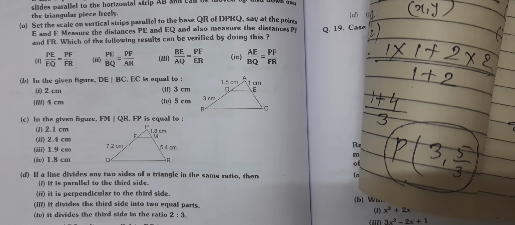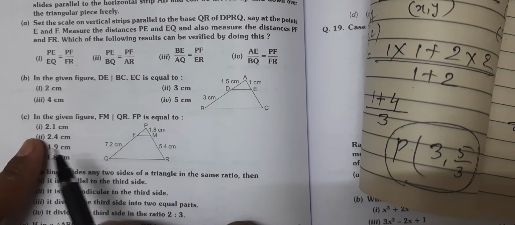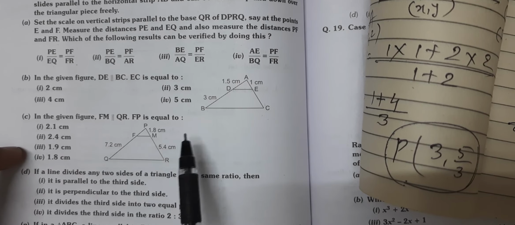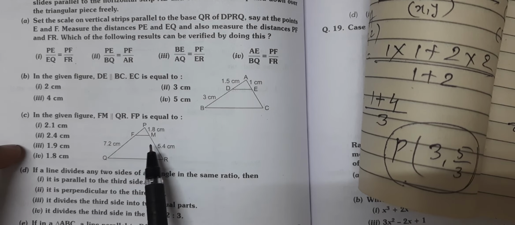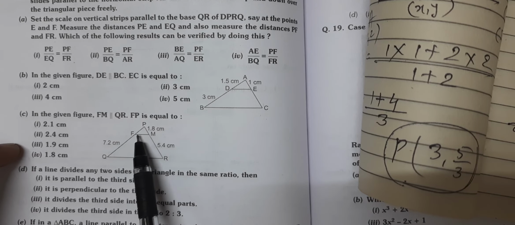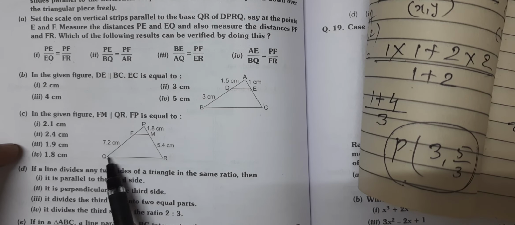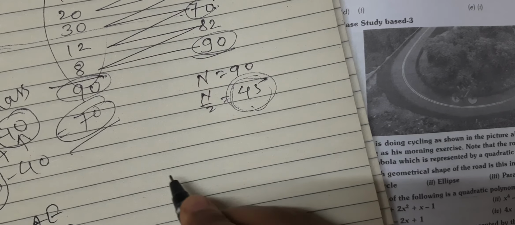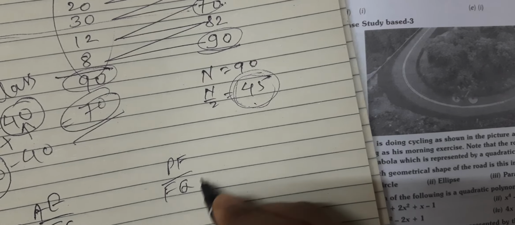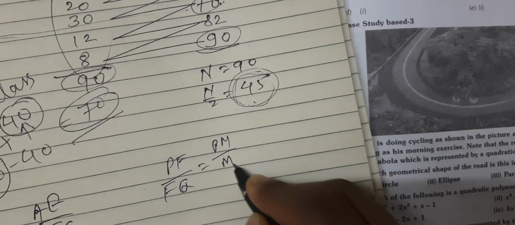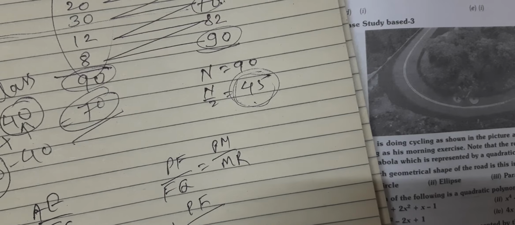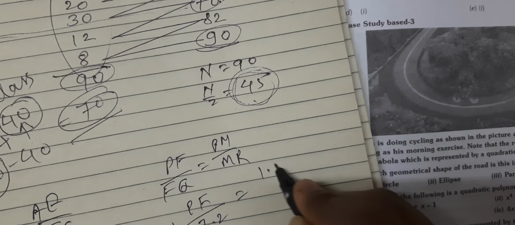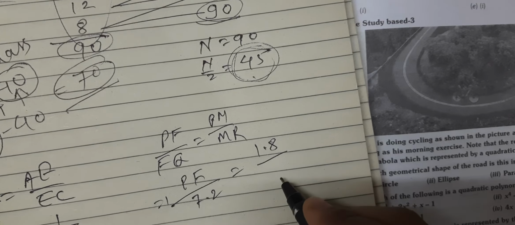Now in the third figure, in the next question, in the given figure, FM parallel to QR, we have to find PF. So again by using the basic proportionality theorem, PF by FQ is equal to PM by MR. PF we have to find, FQ is 7.2, PM is 1.8, and MR is 5.4.